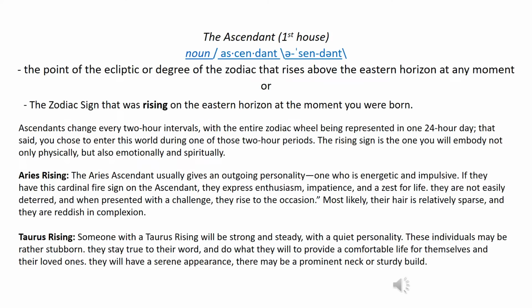And fixed earth is somebody that is secure, stable within themselves. Taurus is always very stable, to the point sometimes of being stubborn. But these people just want what they want, and they like what they like. And if they don't like it, they'll say it.